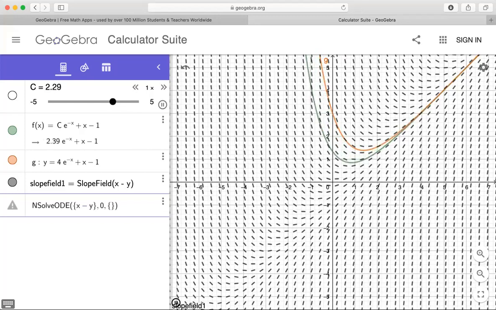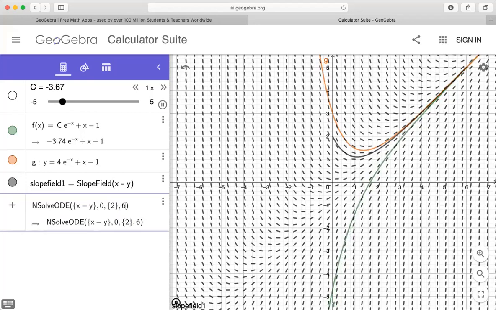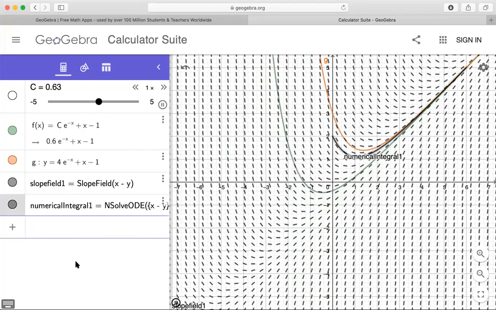Just to give us something different than the orange line, let's give it 2 as the initial y value. And then we have to give it a final x value. So I'll use 6. Okay, and already it's given us our numerical solution.